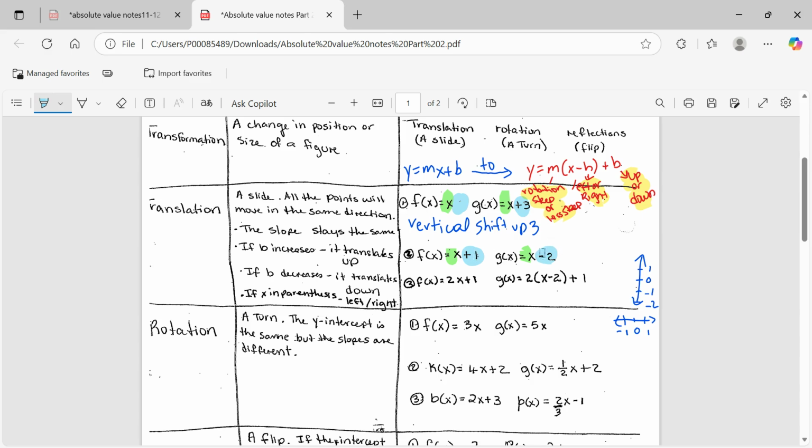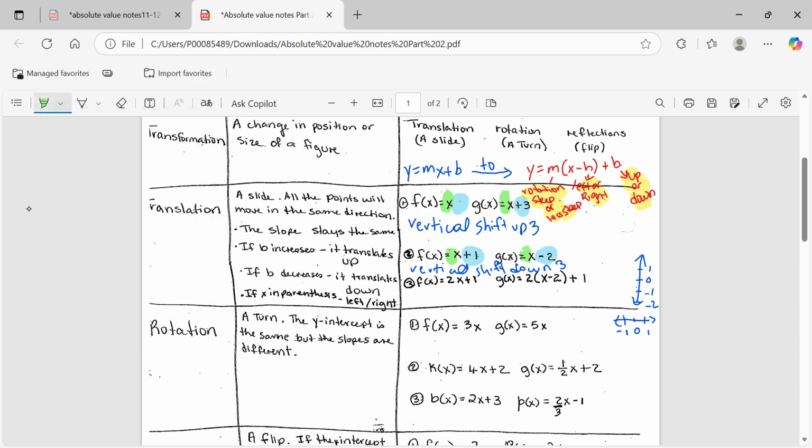I'm going from 1 to negative 2 because it's that last number, the y-intercept, up or down. So from 1 to negative 2, I actually have to go down. And I go down 3. So this is a vertical shift, still up or down. I'm going down 3.